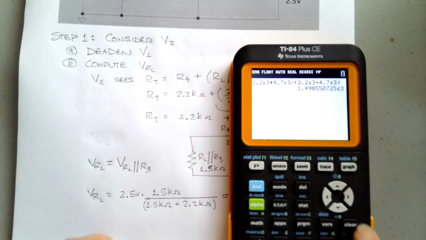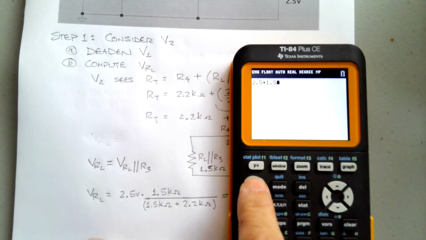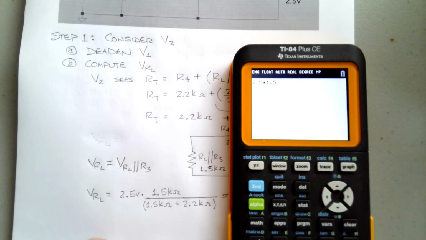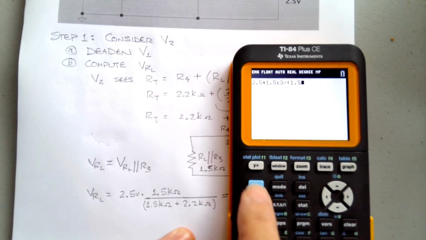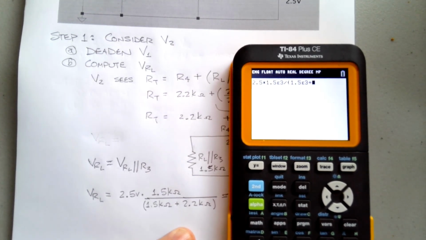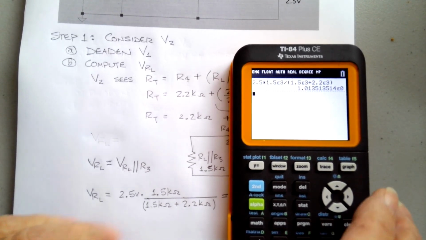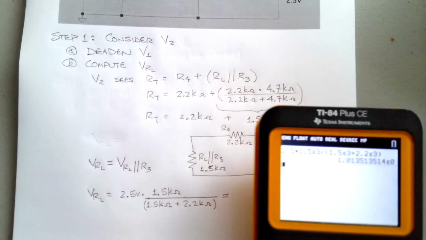And we say that 2.5 volts times 1.5 k ohms, not that you really need to keep the k ohms here, divided by that total 1.5 k plus 2.2 k, and that equals 1.01 volts is what it looks like to me.